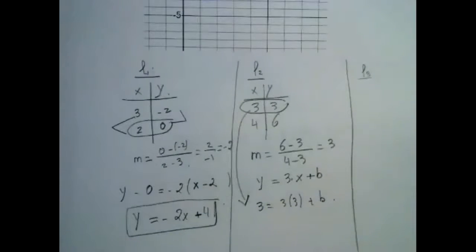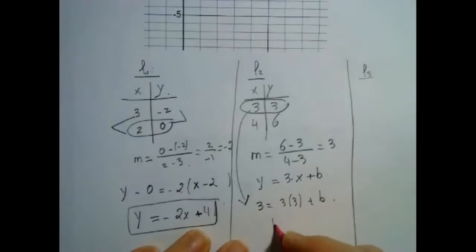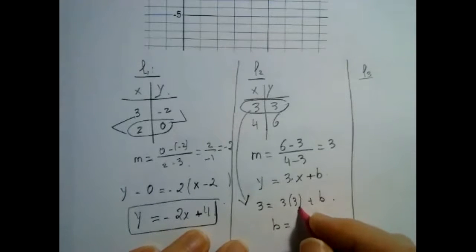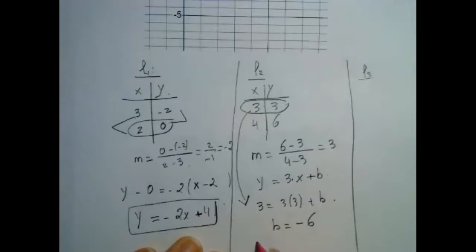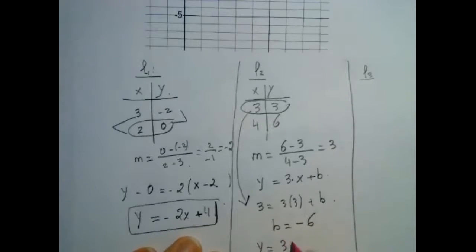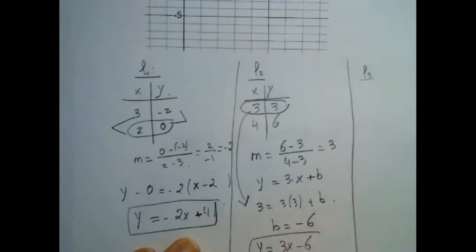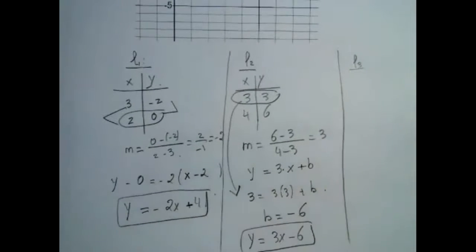Now they happen to be the same value, they don't have to be. So this will give me b equal 3 times 3, it's a 9, minus 6. And this will give me y equal 3x minus 6. That's my second line. So I'm just finding equations of lines, but the idea is at the end, we have to piece them together.